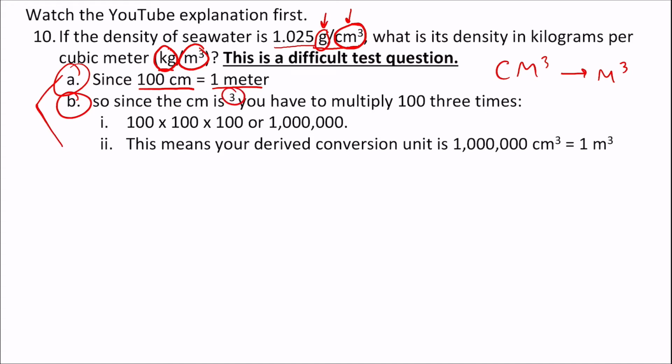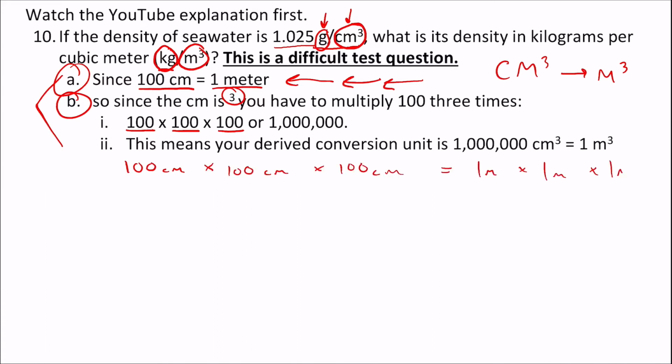So since the centimeter is cubed, you have to multiply 100 3 times. So it's like doing this conversion 3 times. 100 times 100 times 100. It's the same as thinking of it as 100 centimeters times 100 centimeters times 100 centimeters equals 1 meter times 1 meter times 1 meter.